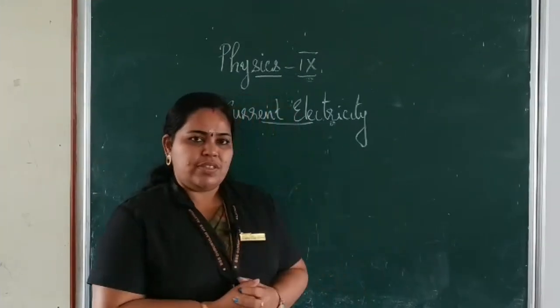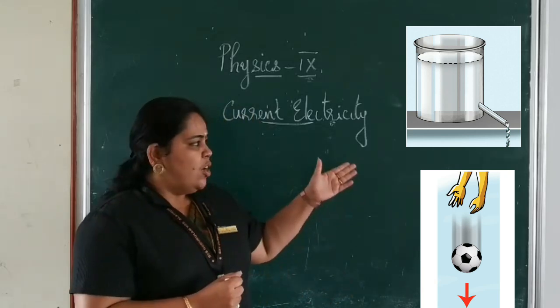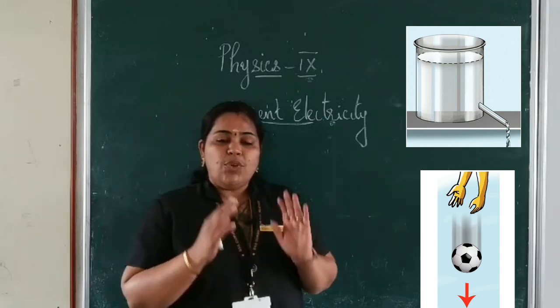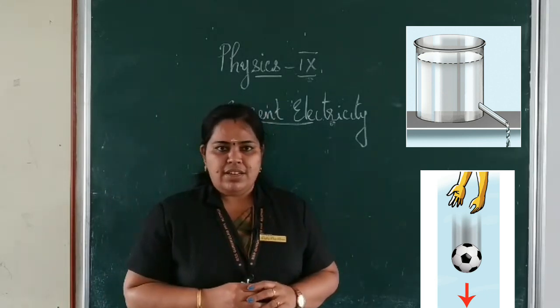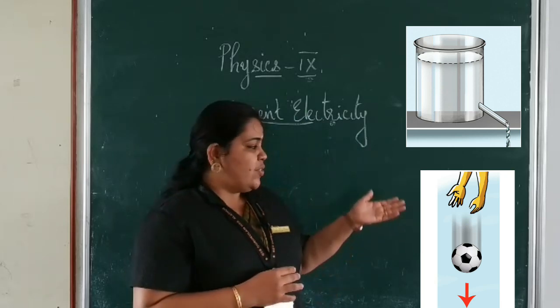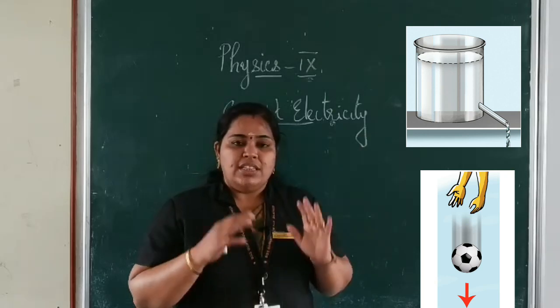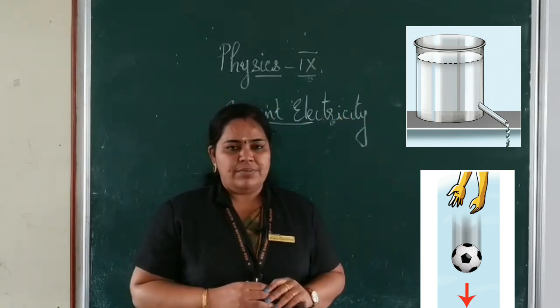Now, look at these pictures. In the first picture, we can see the water is flowing through the small pipe, isn't it? So here, the water flows from a higher level to a lower level, isn't it? Whereas in the case of the ball, here the ball is falling downwards and the ball falls from a higher level to a lower level.